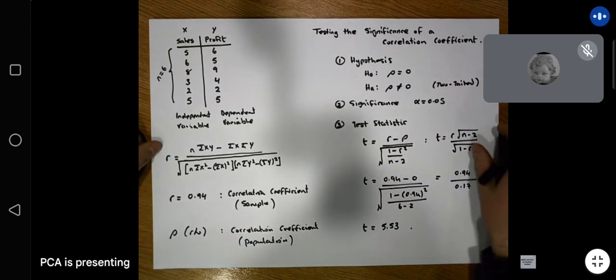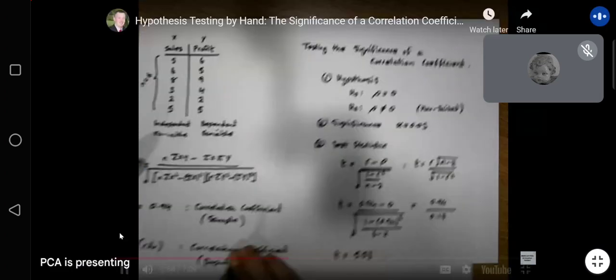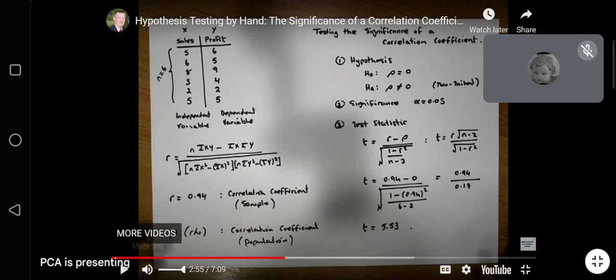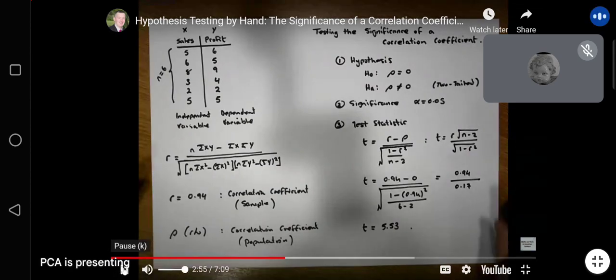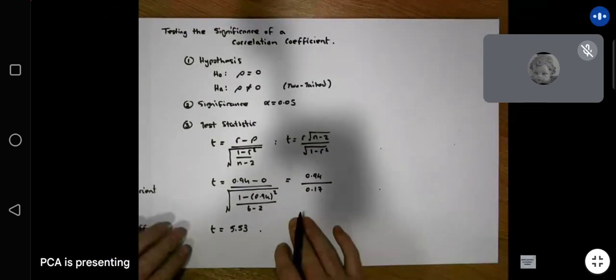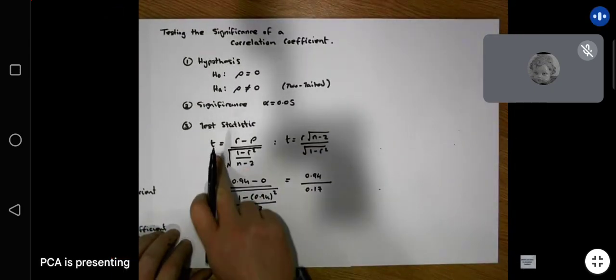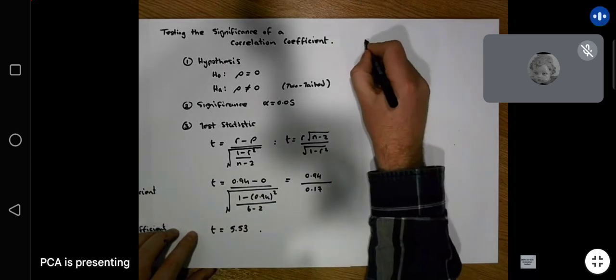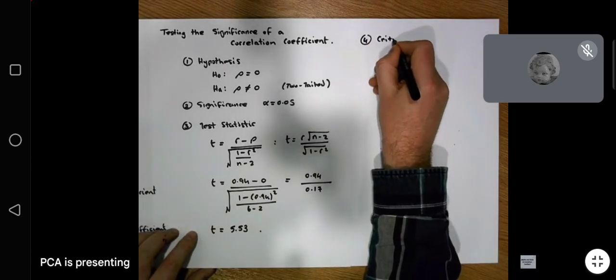The next stage in this particular process is that we need to calculate the critical values for the t distribution. So step 4 is our critical values.